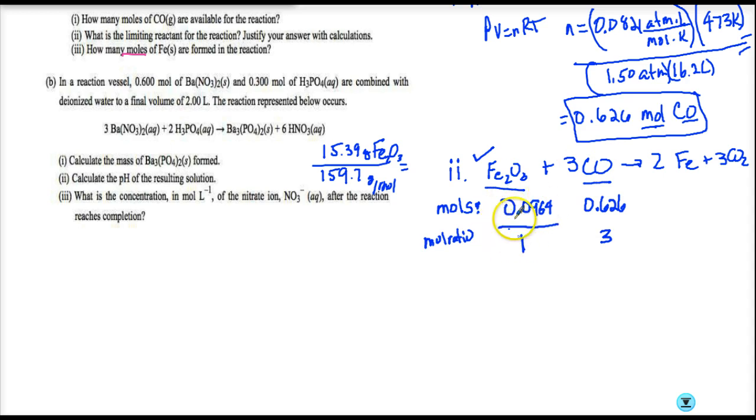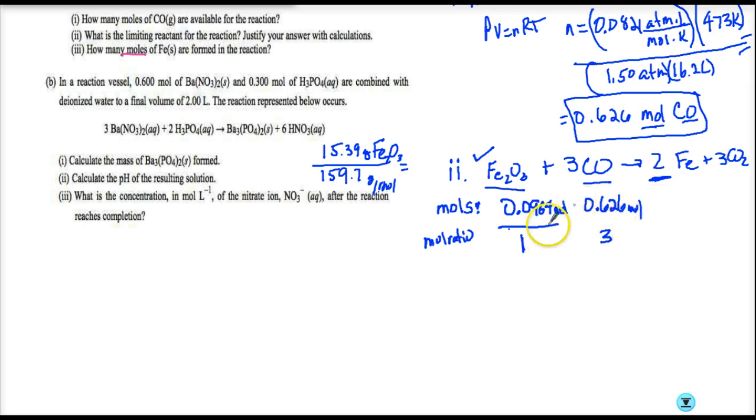I wasn't given the whole blessed mole. And then from here, I can produce 2 times as much of this iron. Okay? So these are moles, not grams, moles. So I will produce 2 times as many moles of iron as I have iron oxide. I have 0.0964 moles of iron oxide. All right? So does that make sense?